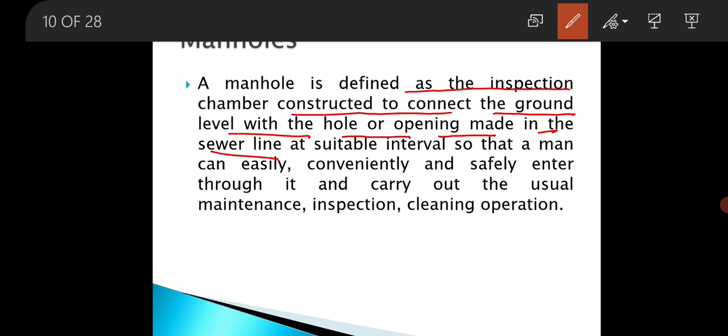And it is used generally for inspection, and it is provided so that a man can easily, conveniently and safely enter through it and carry out the maintenance, inspection and cleaning operation.